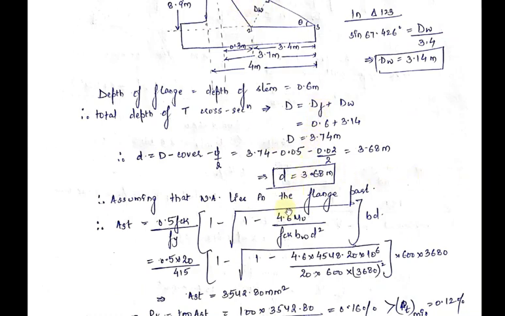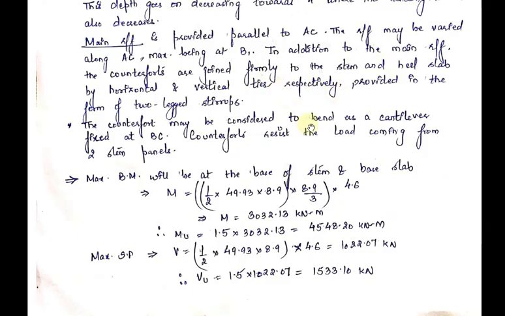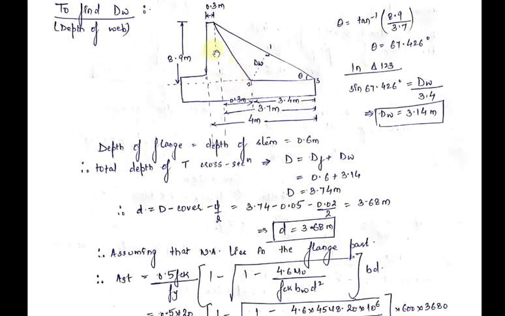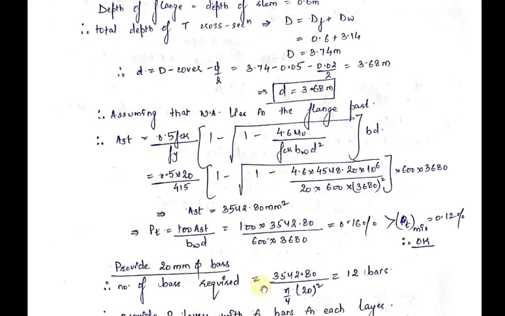Then we will continue with the same procedure, and we will again find out the number of bars required. Then we will consider 2 by 3 h from the bottom, and calculate the effective depth there, and after putting in the values and doing the same procedure, we will again find out the number of bars.